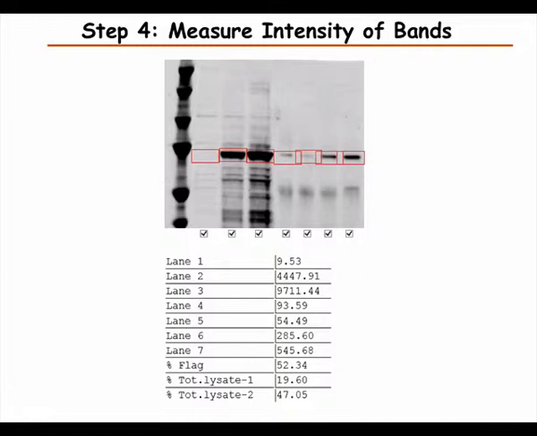Then we can get a table that we can use for other purposes. So here what we've done is automatically analyze the gel, starting with the original image, splitting the 12 gels up into individual gels, and then running through them.